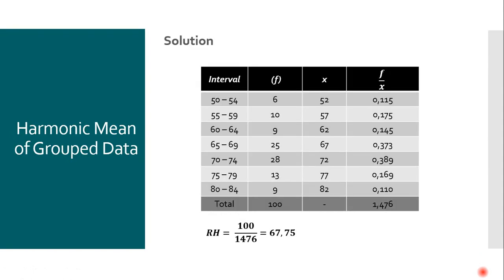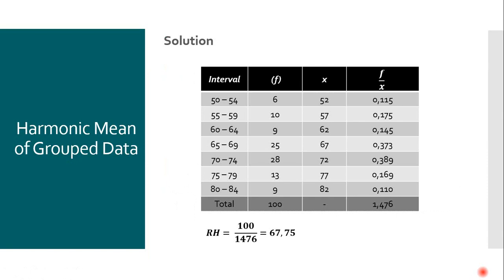Of course we have to write just the interval and frequency because we have to add up the other columns. The first column on the right side is for x, and the next one is for f over x.